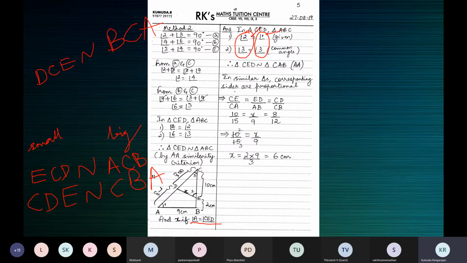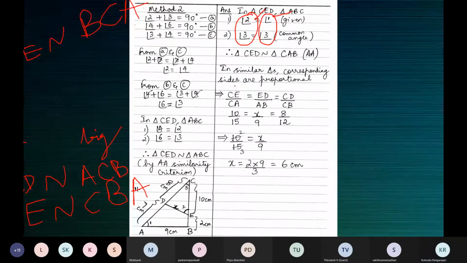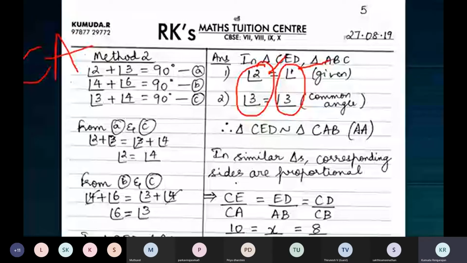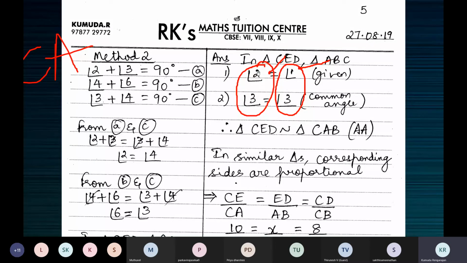Please, we have mentioned triangle CED first and then triangle ABC. So the information here should be about the triangle CED and the information here should be about the triangle ABC. These two should be the angles of CED and these two should be the angles of triangle ABC.